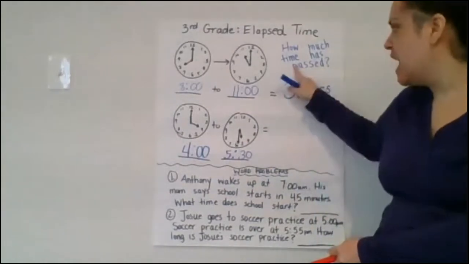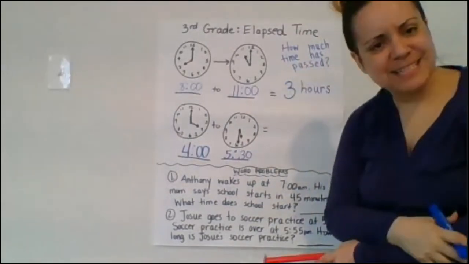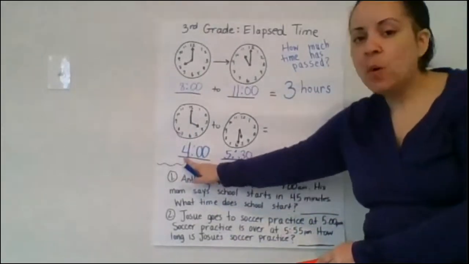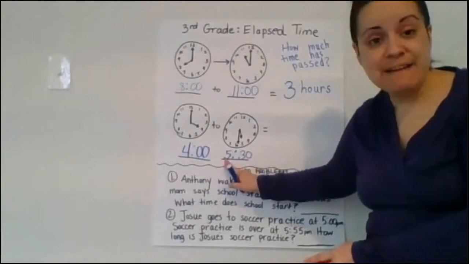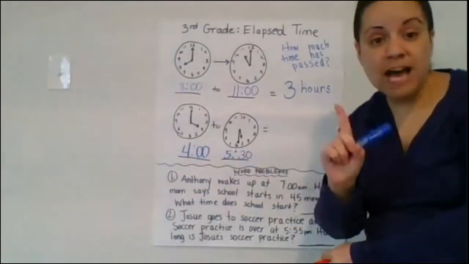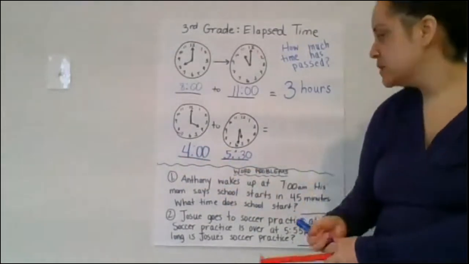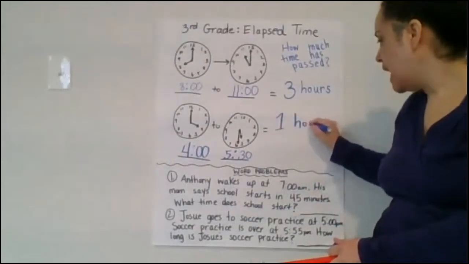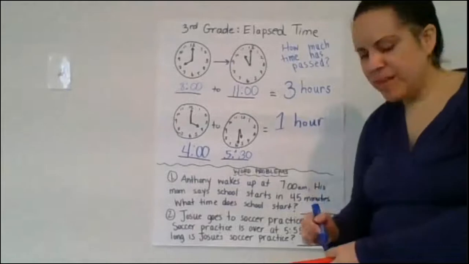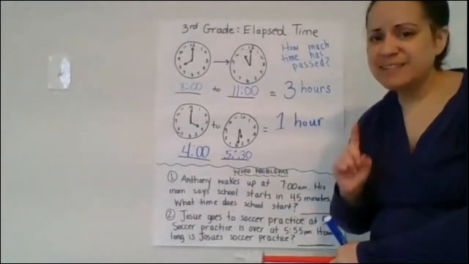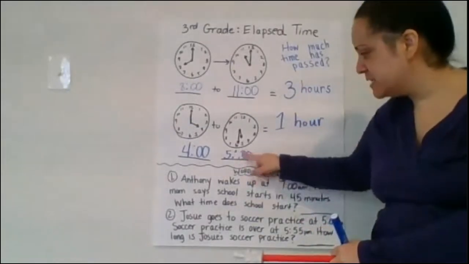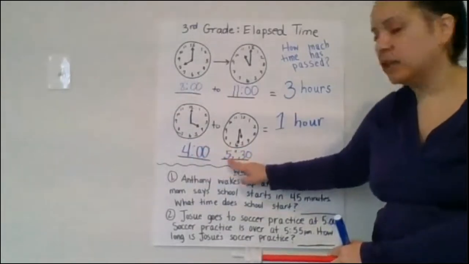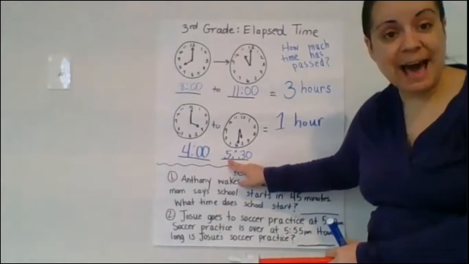How much time has passed? Well, I know from 4 o'clock to 5 o'clock is 1 hour. So I'm going to start with 1 hour. But that's not all, because I know that we still have this. So if I went from 4 o'clock to 5 o'clock, that would be 1 hour.